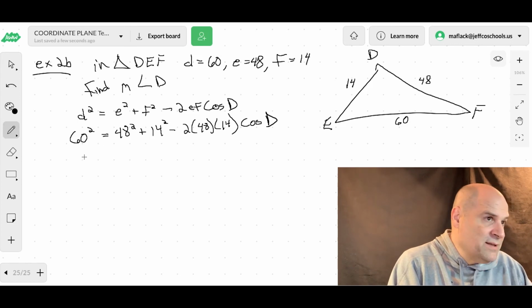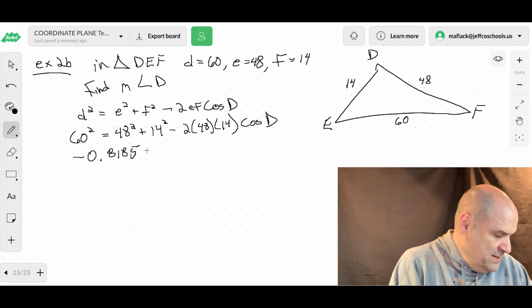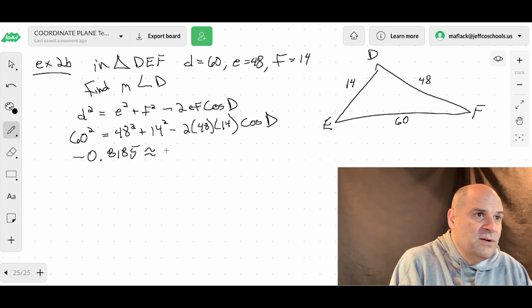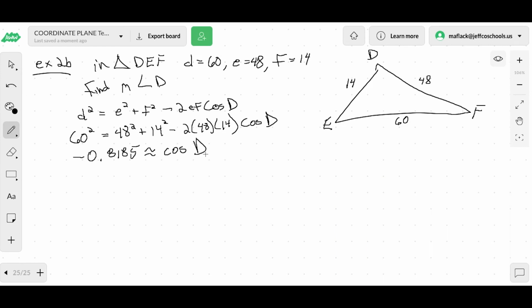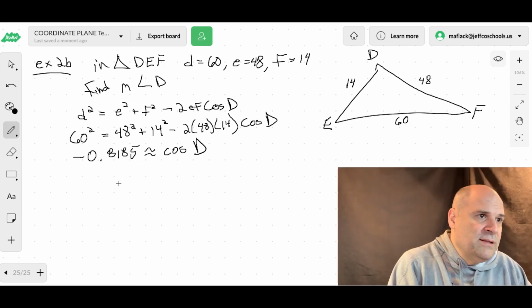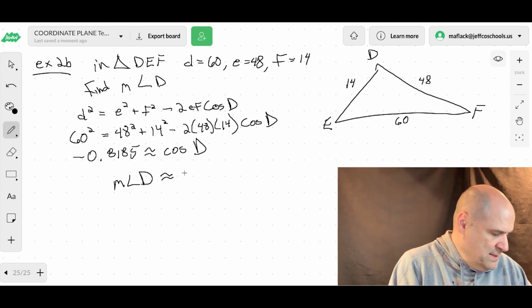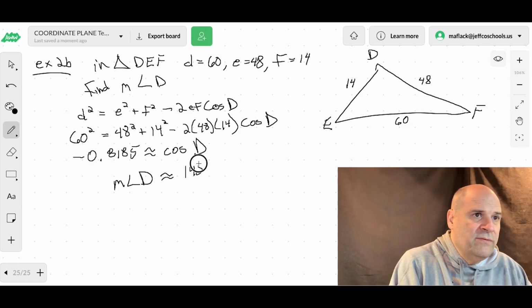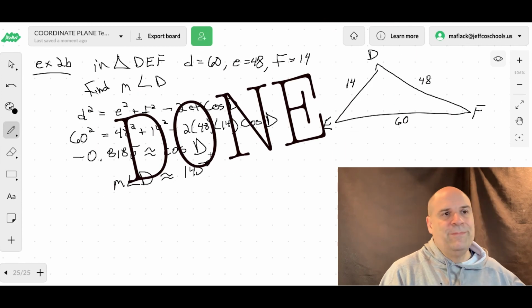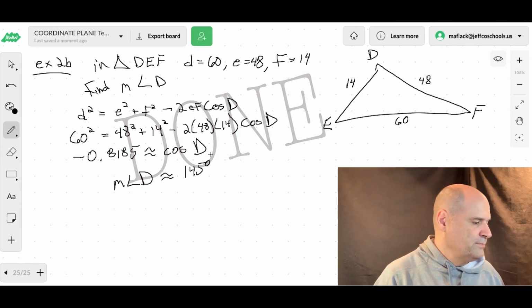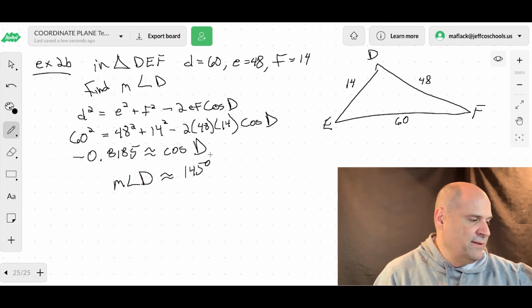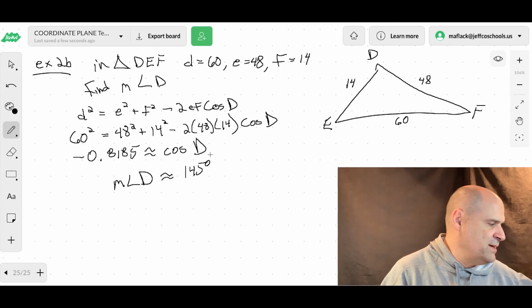It equals negative 0.8185, approximately, the cosine of D. So I'm going to apply the inverse cosine, and we get the measure of angle D is approximately 145 degrees. Boom. Example 2 done. Thank you, law of cosines.